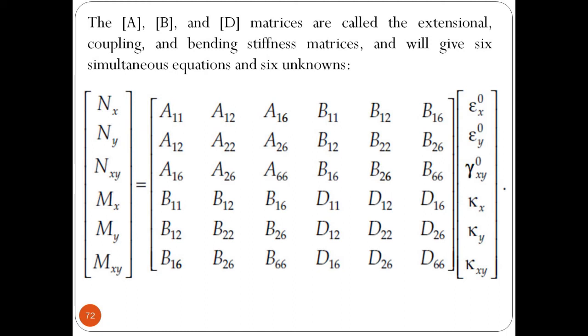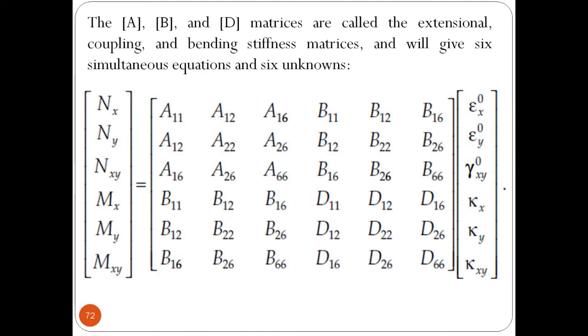These unknowns, I'm reiterating again, are epsilon x0, epsilon y0, gamma 0xy, kappa x, kappa y, and kappa xy. This is the equation responsible for the calculation of these 6 unknowns.